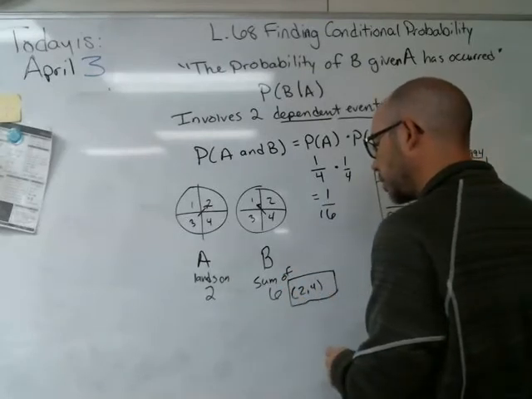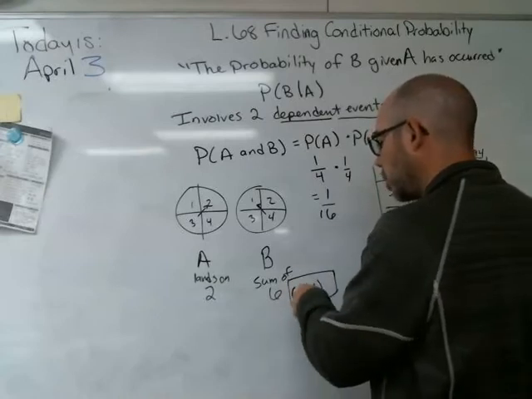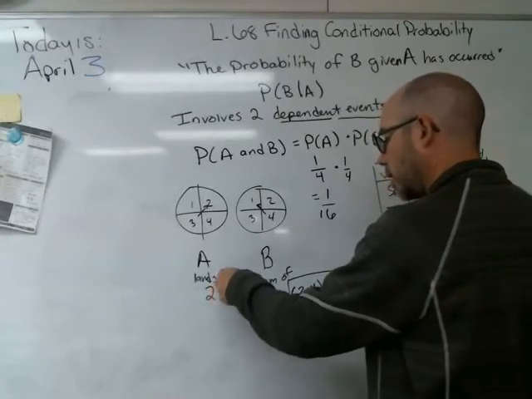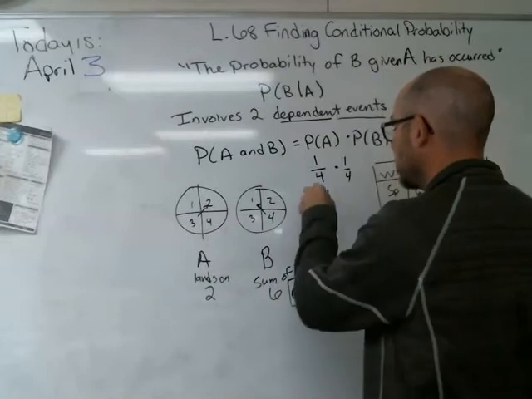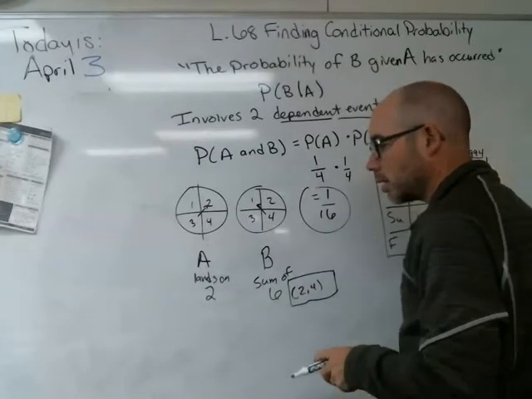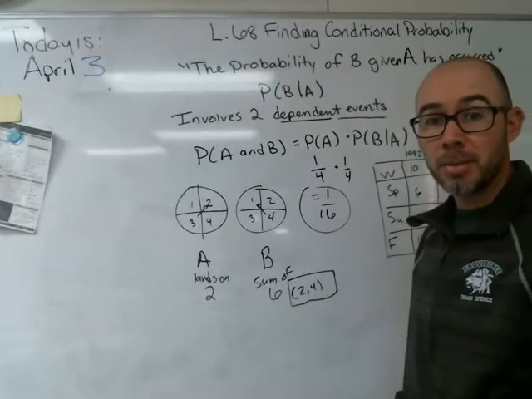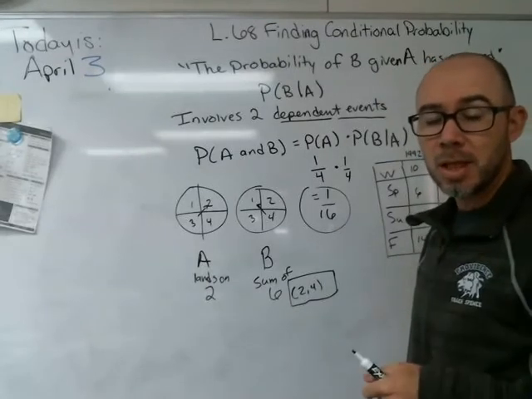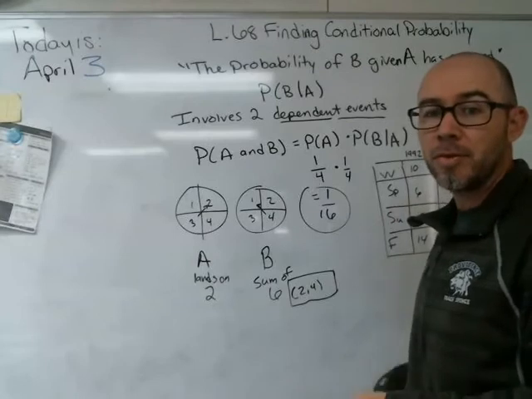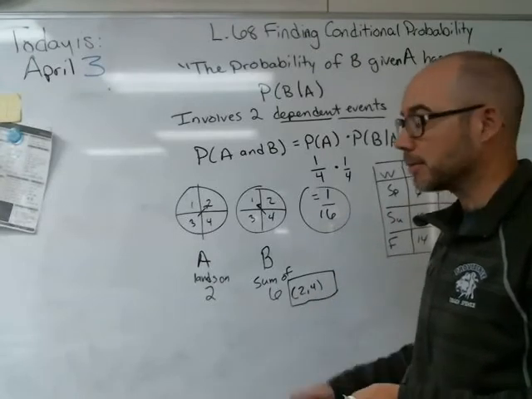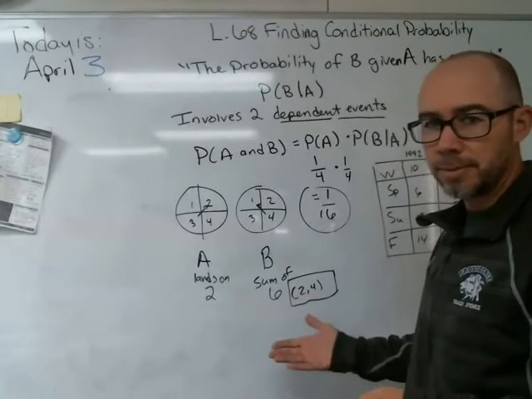Okay, there are lots of different ways to get a sum of 6, but only one way given that it landed on 2 first. So, of the total ways altogether, getting that sum, or getting any sum, I guess we should say, 1/16 is lands on 2 first, and then has a sum of 6 second.